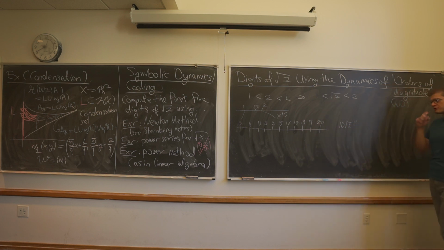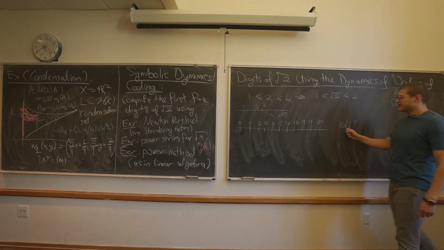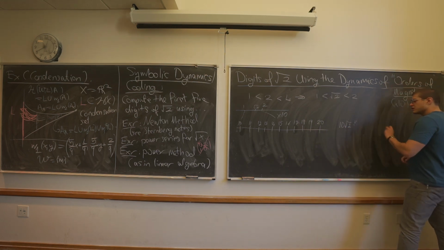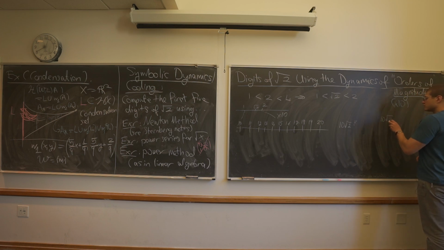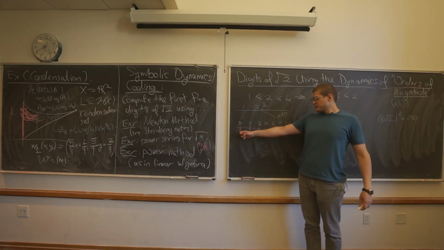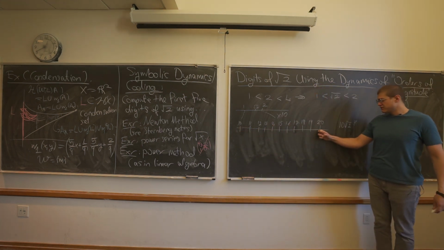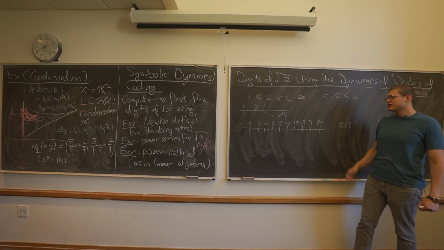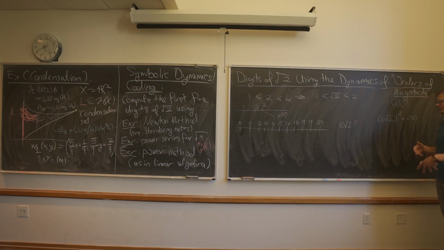Where is this? Again, instead of looking at the square root, since square roots are complicated, you take the square of this. The square of this is 200. So what are the squares? You start at 100, you end up with 400. Somewhere there's the largest number less than root 2 and the smallest number greater than root 2.